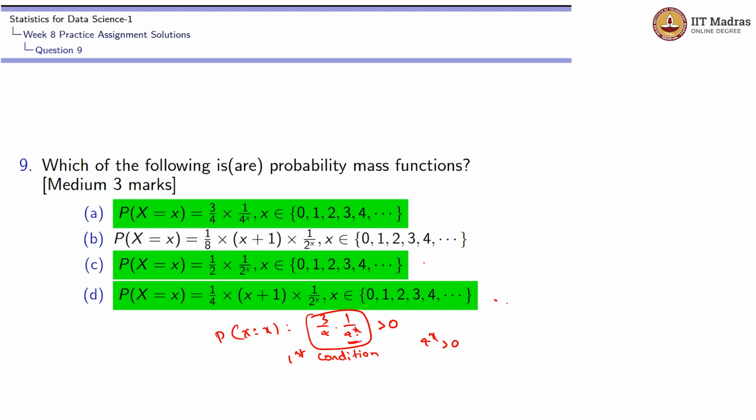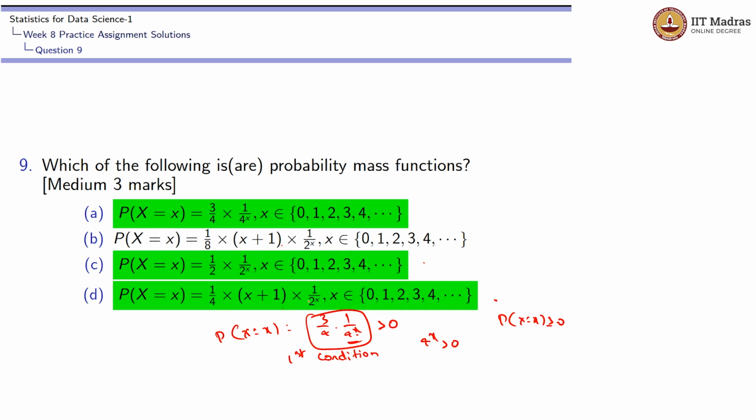So the first condition is satisfied, which is P of x should be greater than or equal to 0. And similarly, if you look at the second option, third option and fourth option too, the first condition is satisfied, because for each of these we have values which are greater than or equal to 0 only.